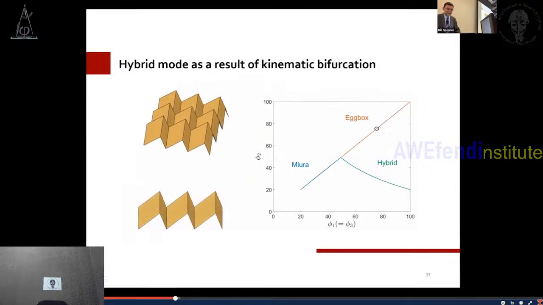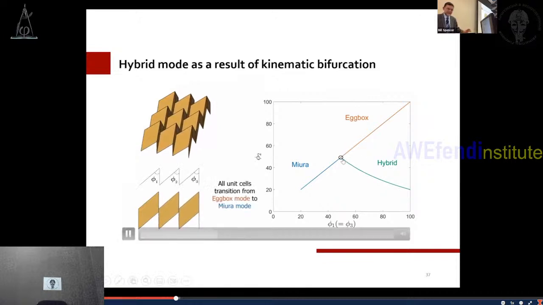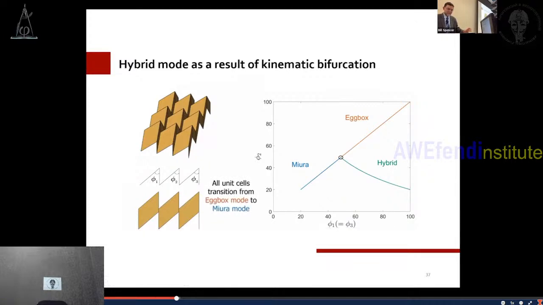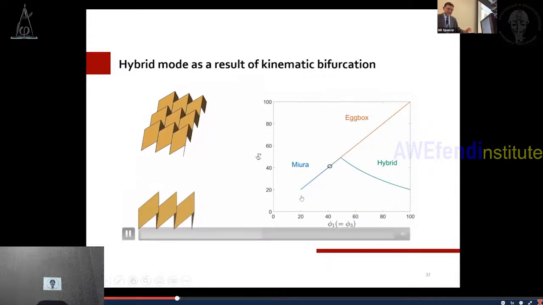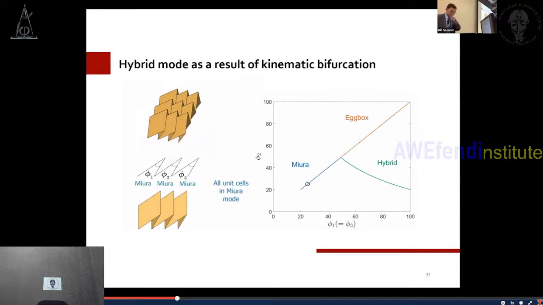And you come, and this here is a transition point, and then all of them are going to switch to the Miura mode, as you can see here, and now we go back.